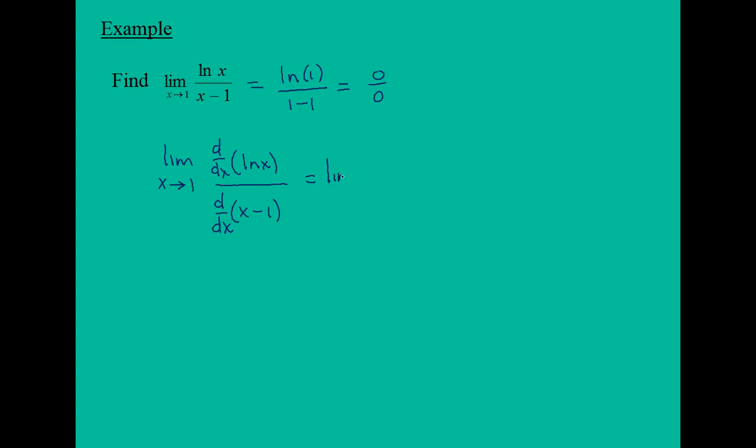The derivative of ln of x is 1 over x. The derivative of the denominator, x minus 1, is 1. So we would have the limit of 1 over x as x approaches 1. Now we can use direct substitution. We would get 1 over 1, or 1. So we have found this limit.